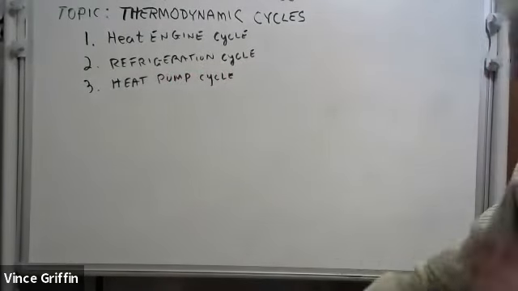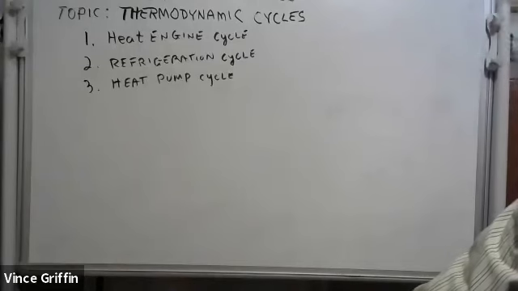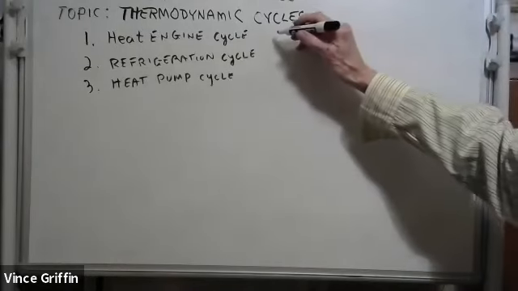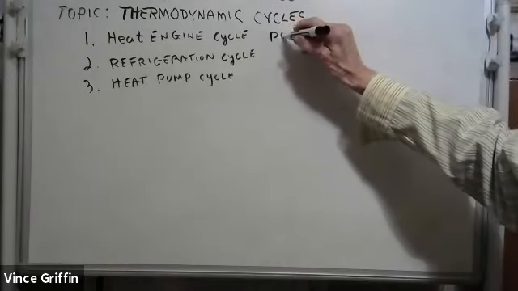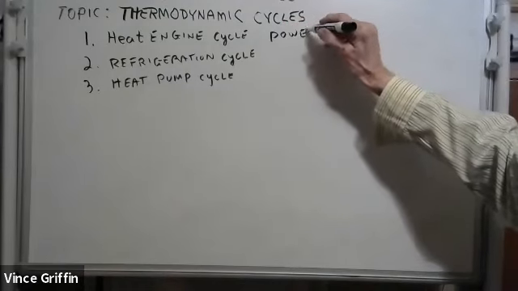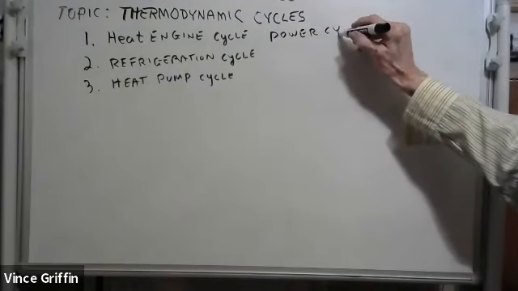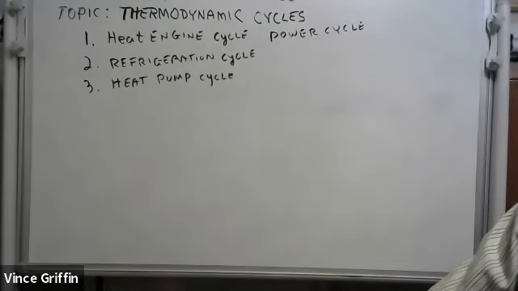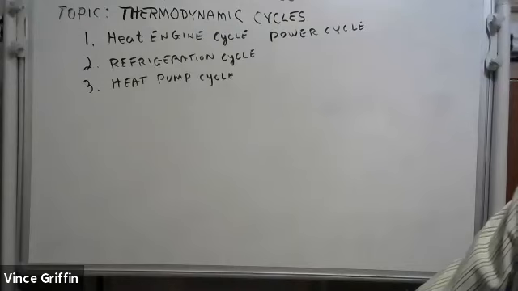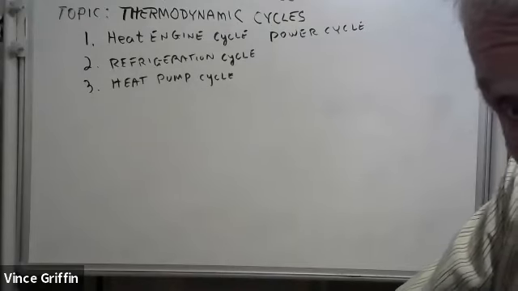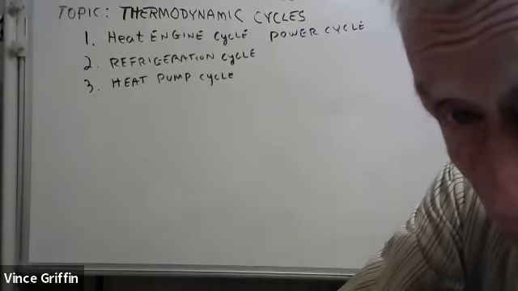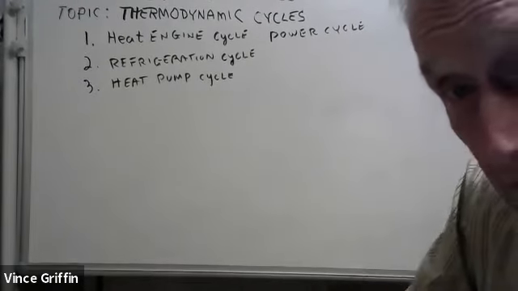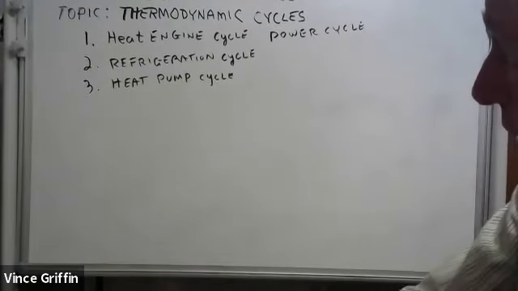Now the heat engine cycle has another name. You'll see it referred to as the power cycle, because the purpose of the heat engine or the power cycle is to provide power. That's why they have them, so they can provide you with power.